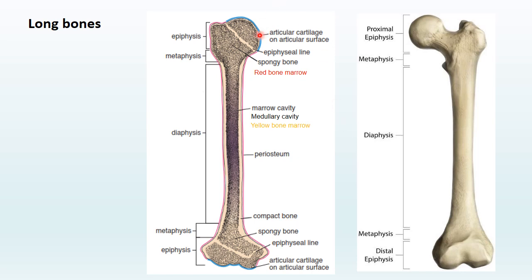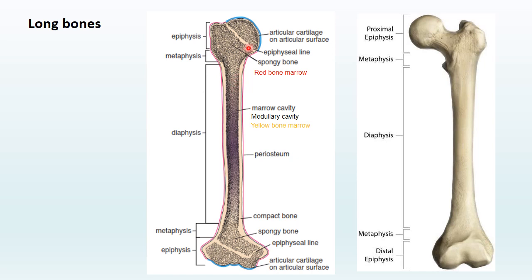When we cut the bone longitudinally in this section, we can see that the epiphyses are composed of spongy bone internally and surrounded by compact bone. In fact, compact bone is surrounding the whole surface of bones in general, not only the long bones.